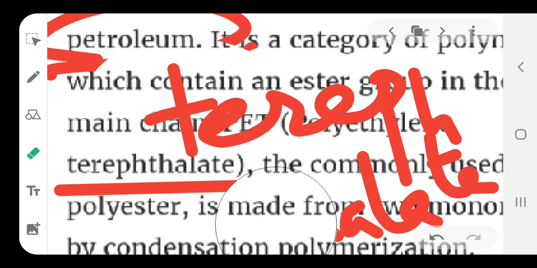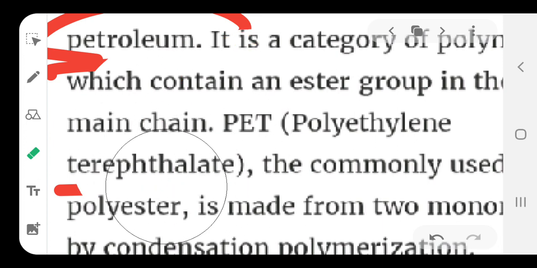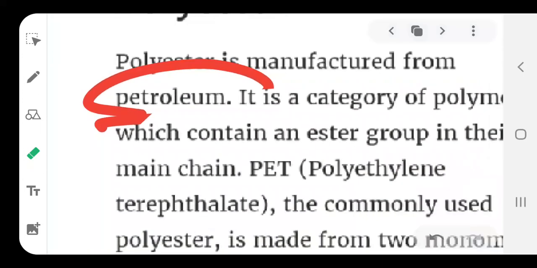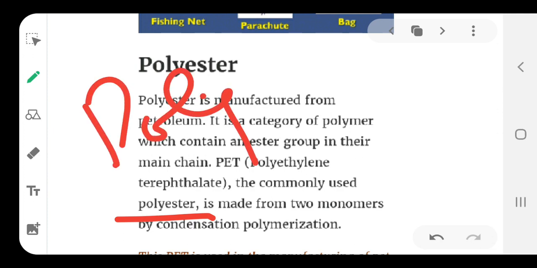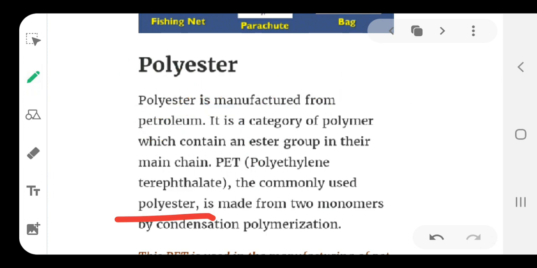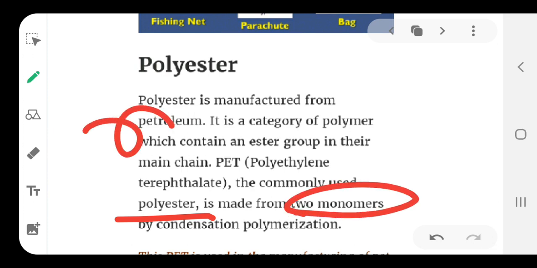Make sure that you know the full form of these molecules, as we have done the name called 4D in chapter 1. So, PET, polyethylene terephthalate, is one of the commonly used polyesters. As I have told you, polyester is nothing but a polymer, and since polymer means many, it consists of a lot of single units. These single units are called monomers.